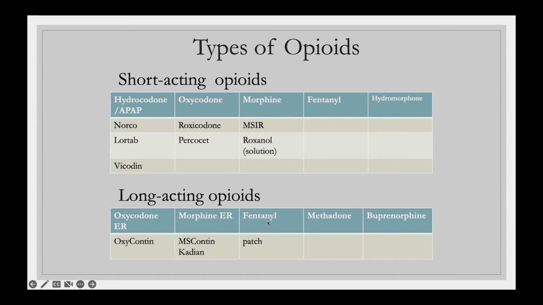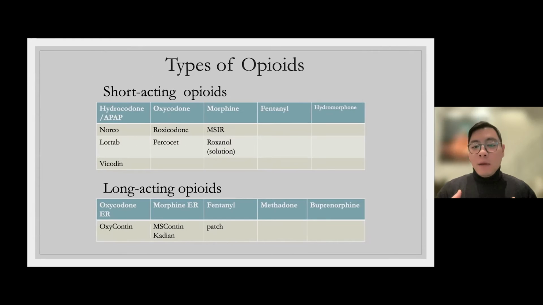Fentanyl is unique in that we take this mainly IV medication and repackage it into a patch that we place on, usually in the setting of people with really long-standing pain related to cancer. That patch, because of how it's constructed, allows storage of the medication in the patch itself, and then it slowly seeps into the different layers of the skin, eventually reaching the bloodstream.